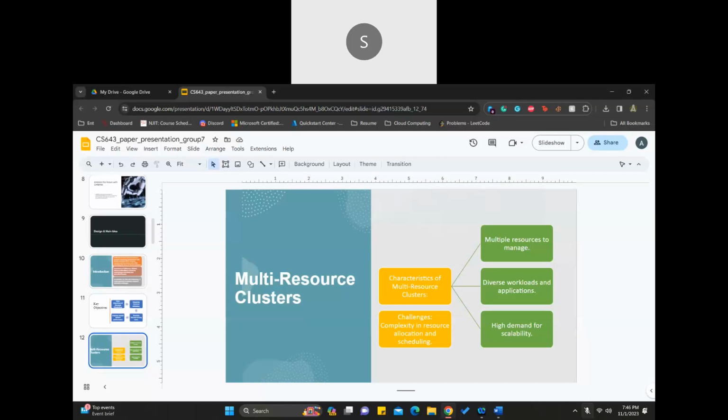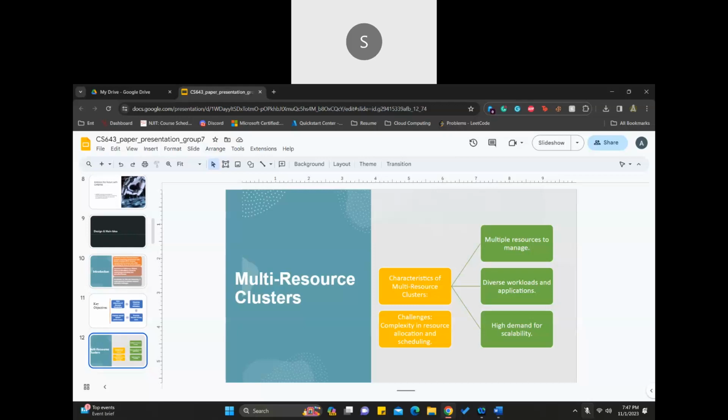And the last point is the high demand scalability. Designed for adaptability, multi-resource clusters can expand or contract based on demand, ensuring optimal resource use and cost effectiveness.